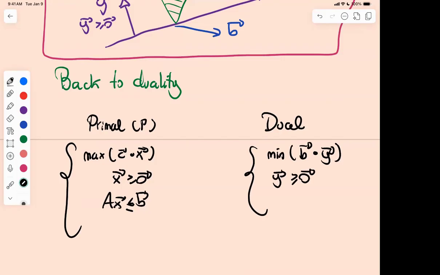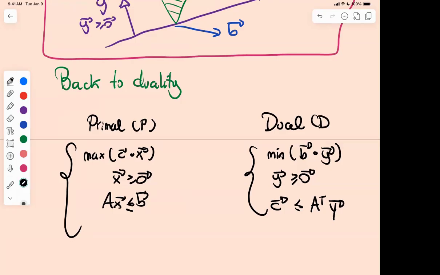The inequality system that it satisfies involves the transpose of the matrix, and the inequality also gets reversed. So you get something like this. Is that making sense? That is the primal problem.